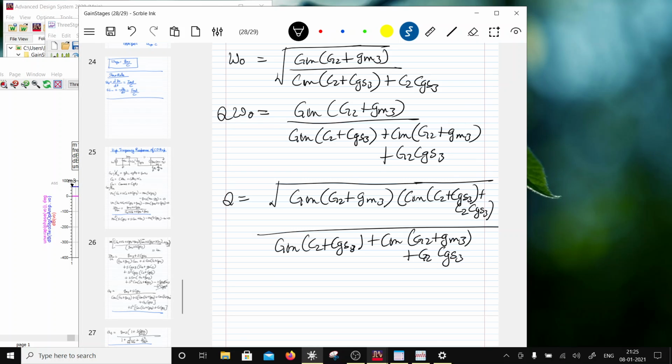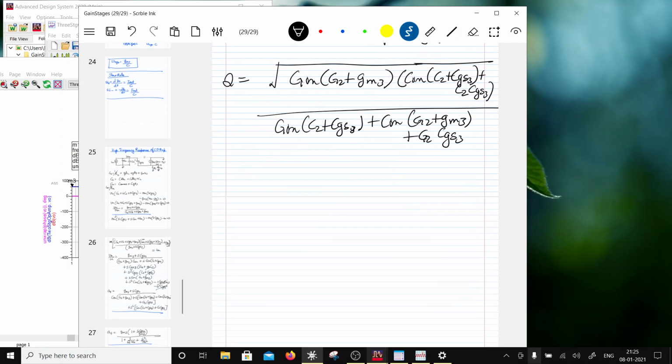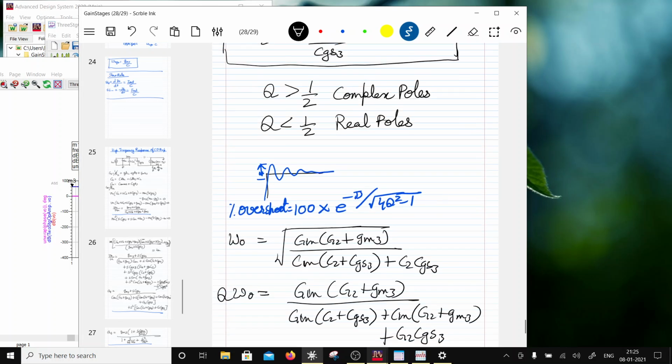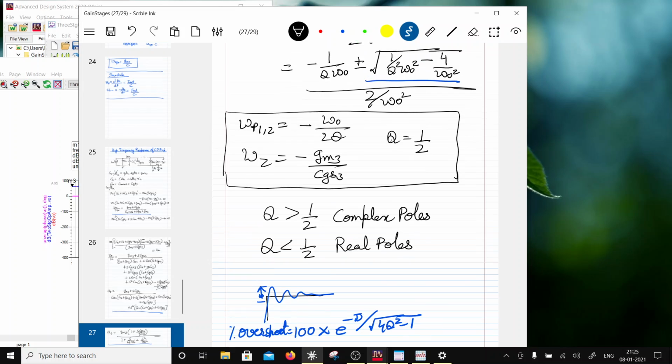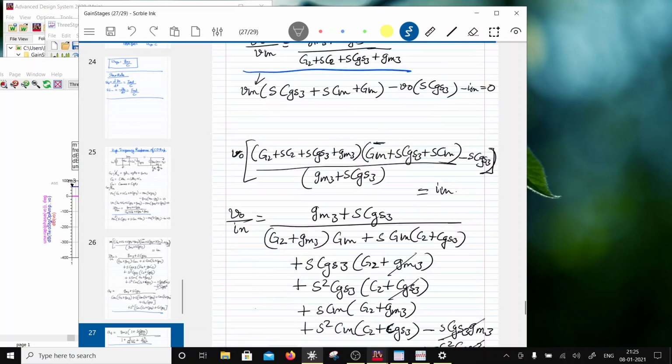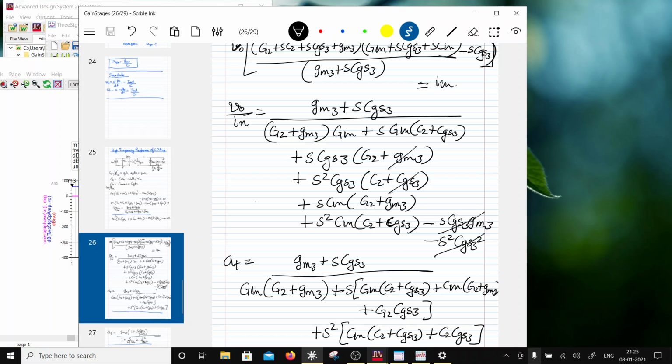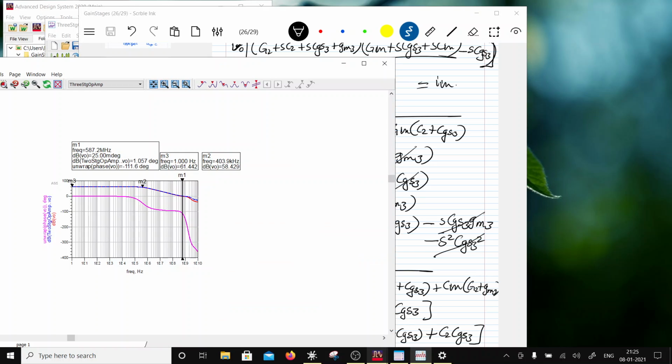Okay, now what is the point of doing all this? Now we know that if Q is greater than half, then it is going to have complex poles, it is going to have overshoot and stuff like that. Now the question is, if you want to damp it, for this compensation I'll show you in the circuit.